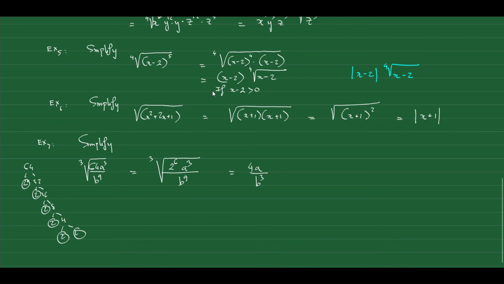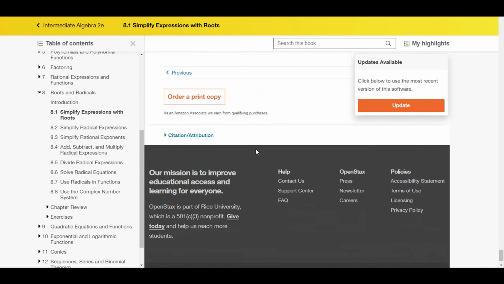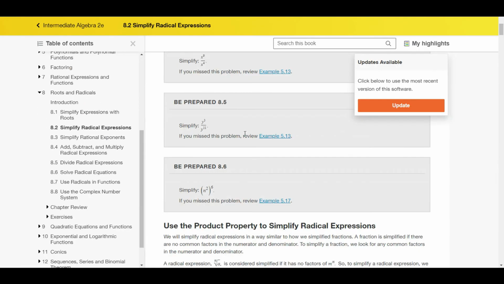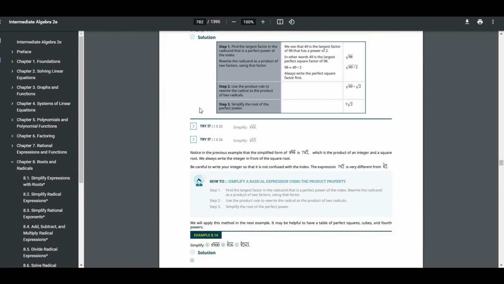Alright. Example 8. Alright, how about this? What if I want to simplify something with a fraction?